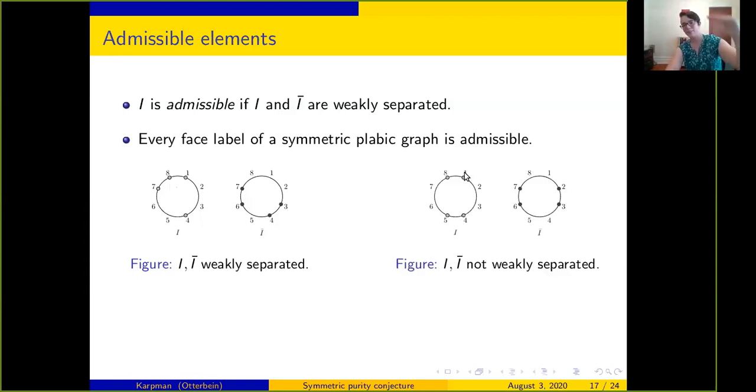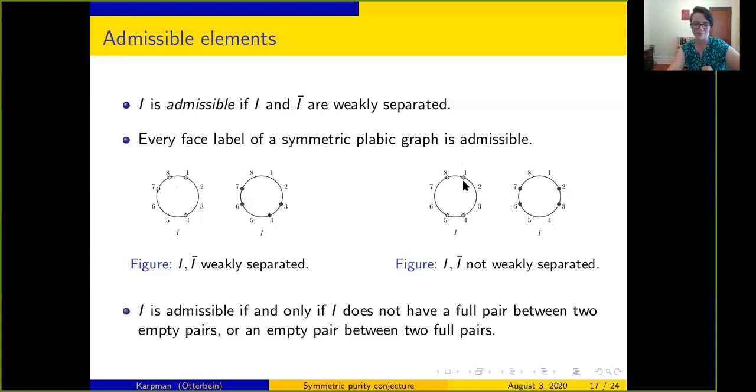Here we have an example where if you scan from top to bottom, you get full, empty, empty, full. And you can see that this is not weakly separated from its reflection. If I interchange full and empty pairs, I get something that is not weakly separated from what I started out with.